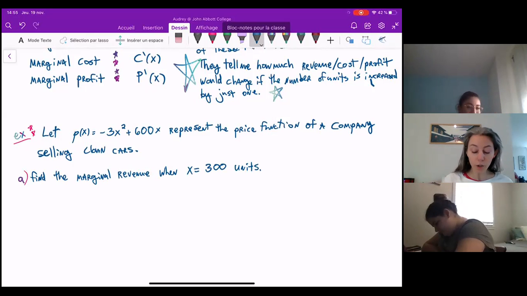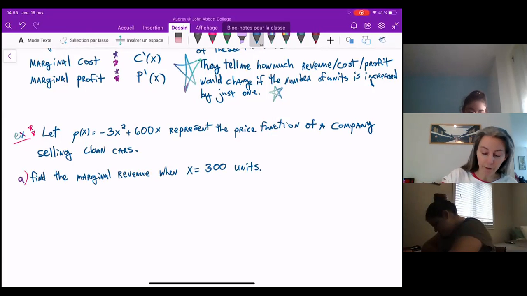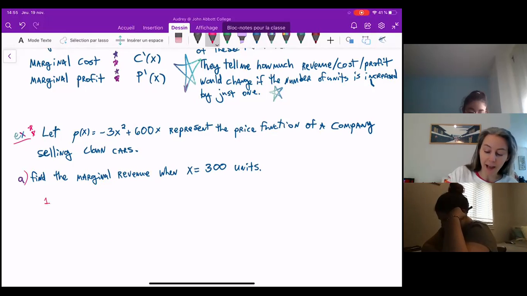In order to do this, I was given my price function, not my revenue function. My first step is, since I'm asked for marginal revenue, I need to find revenue. Before I can even think about marginal revenue, I need to find revenue.